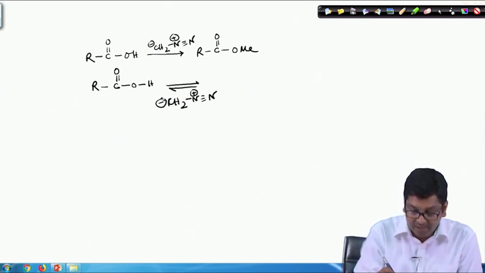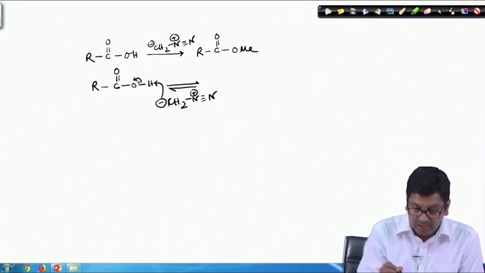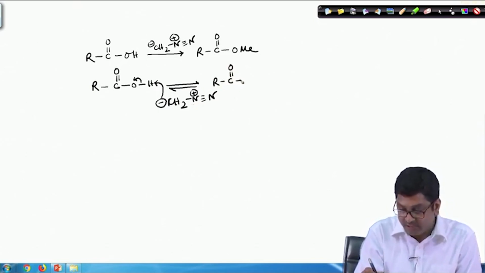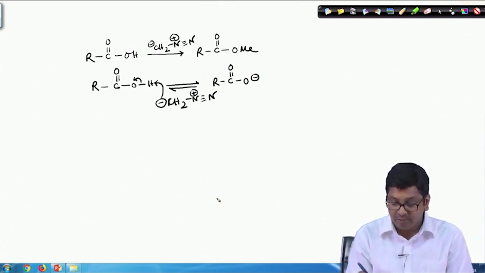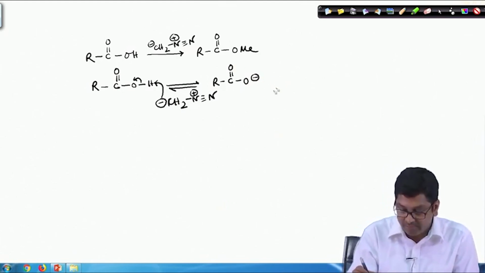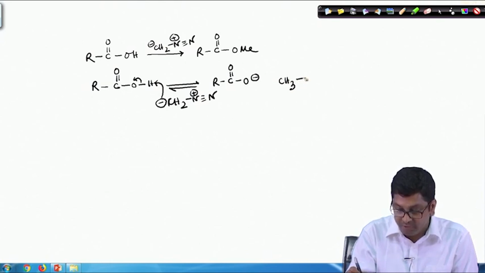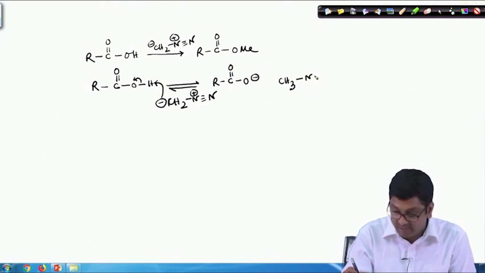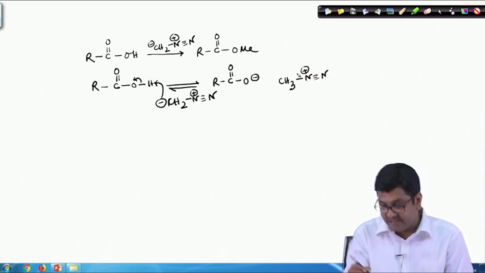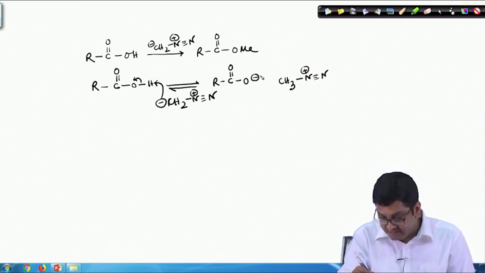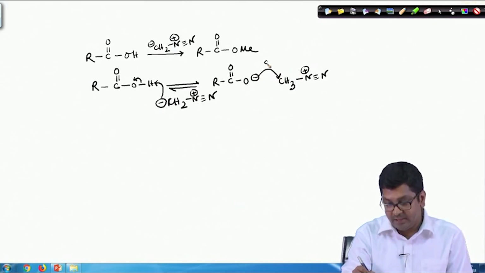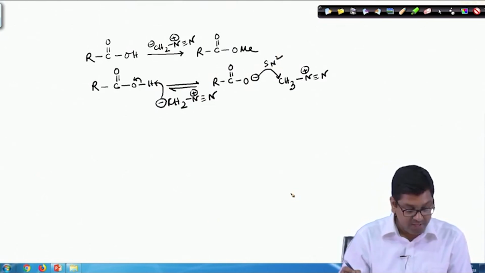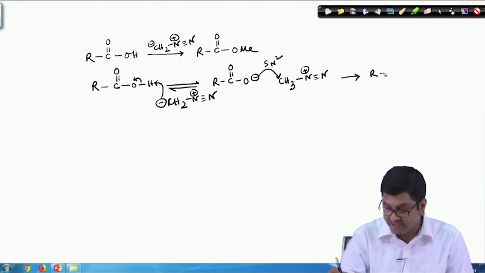this diazomethane will pick up the acidic proton, and that will generate this carboxylate anion, and once that is generated, it will react with the extremely unstable diazonium cation, that is CH3N2 plus. This carboxylate anion can work in SN2 mode and give this substitution reaction to give the methyl ester.